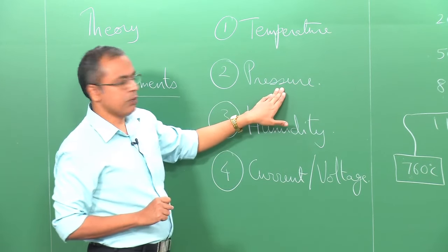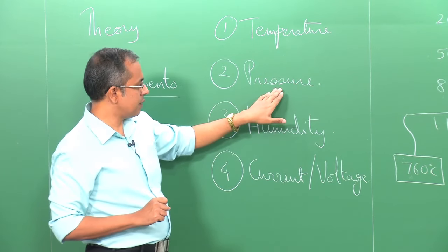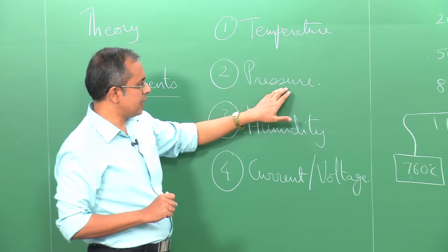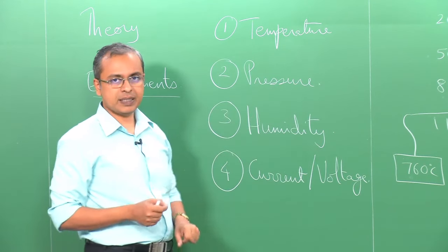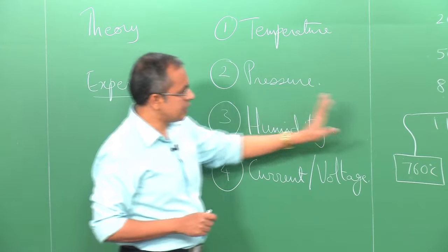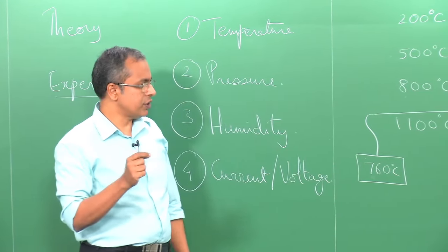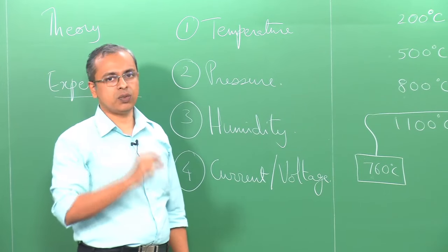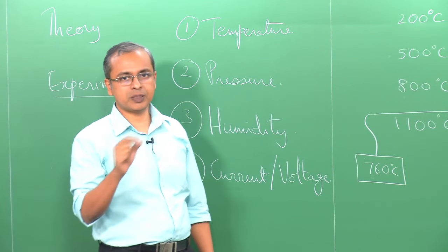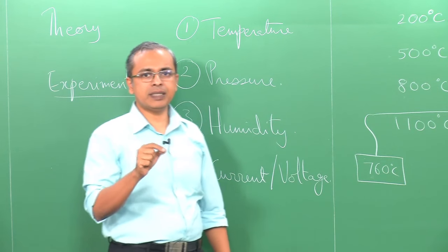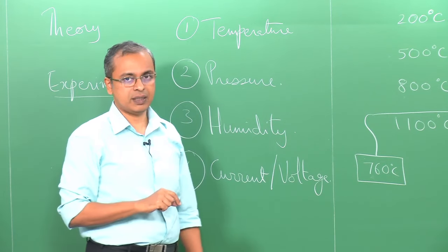I will not spend too much time on pressure, except to say that, similar to temperature, you have to be cautious about where the sensor is located in your experimental setup, and does it actually measure the pressure that you think it is measuring, okay.